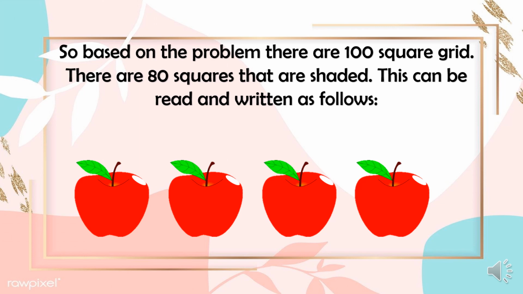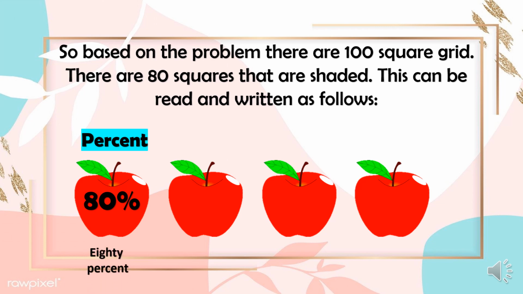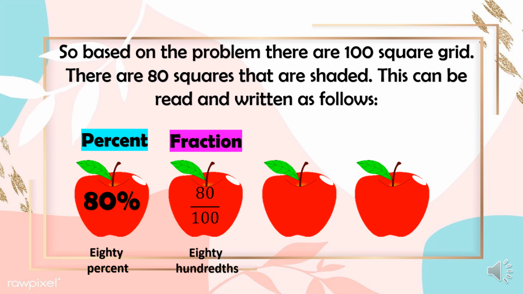There are 80 squares that are shaded, and this can be read and written as follows. So for percent, we have 80%, read as 80 percent. And for fraction, that is 80 over 100, or we can read this as 80 hundredths.